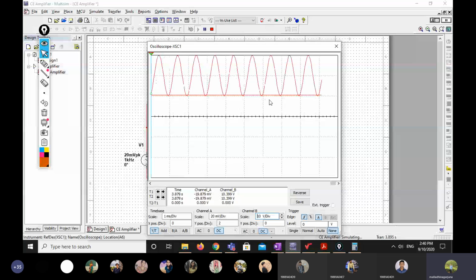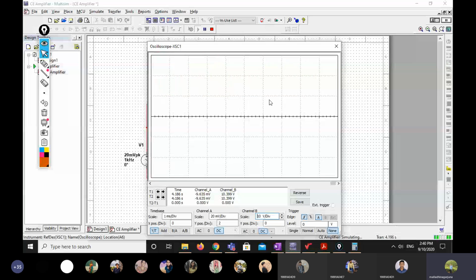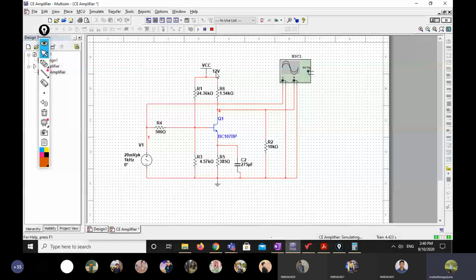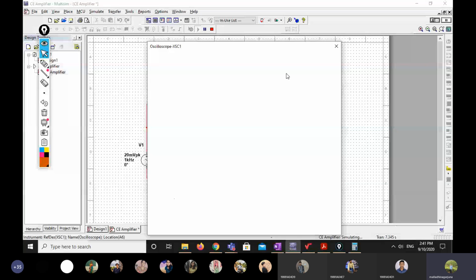The reason is that the DC signal is flowing to the load. The DC signal is not blocked anywhere because I didn't connect any blocking capacitors here. Because of the absence of the blocking capacitors, the DC signal flows through the load as it is. So that is the reason the output voltage is a DC signal.